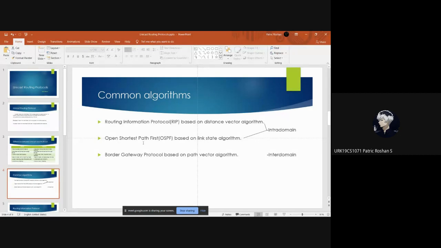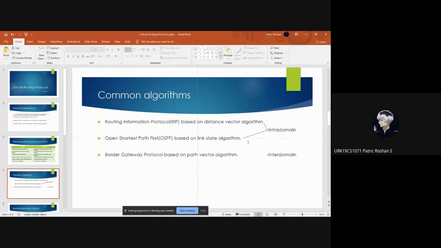The next one is Open Shortest Path First, which is based on the link state algorithm. The link state algorithm uses link state routers to exchange messages that allow each router to learn the entire network topology. By learning it, it computes the routing table using the shortest path.